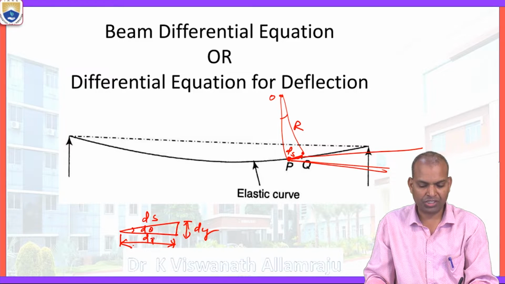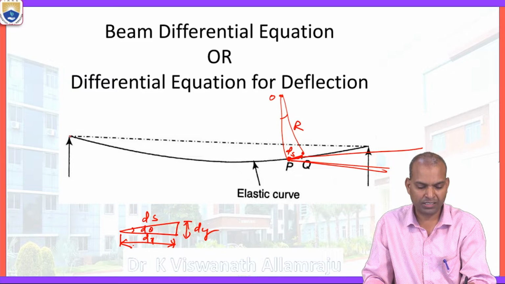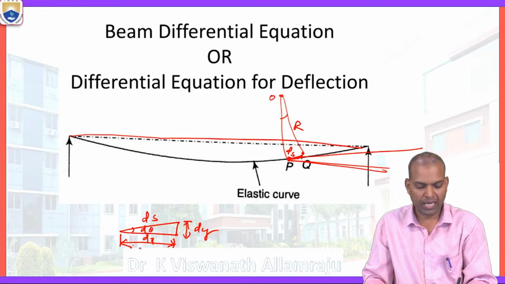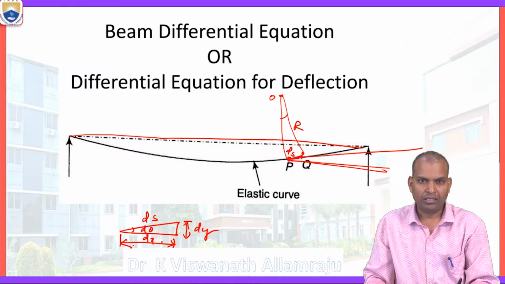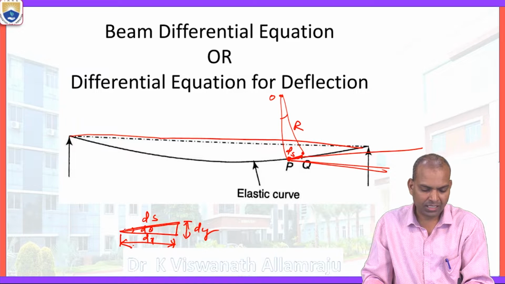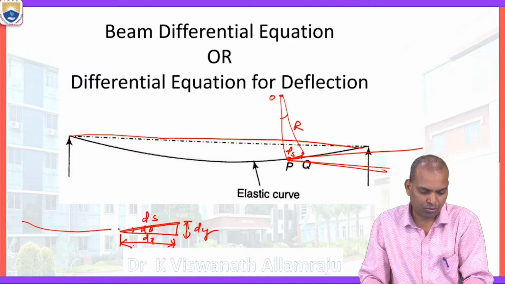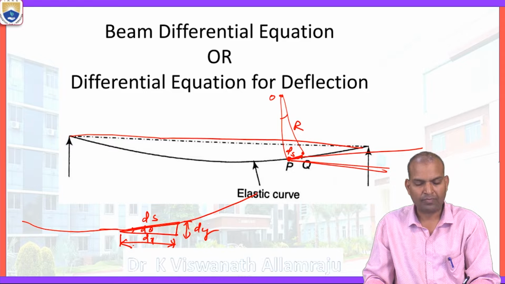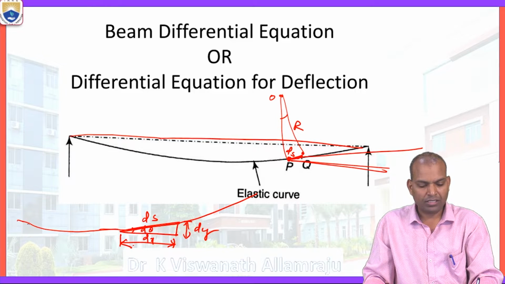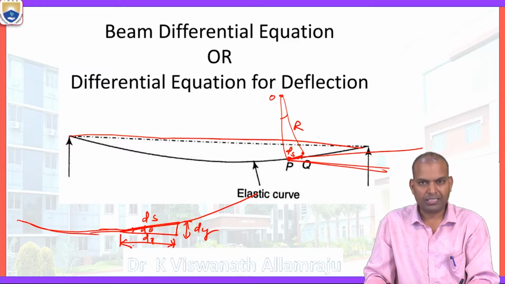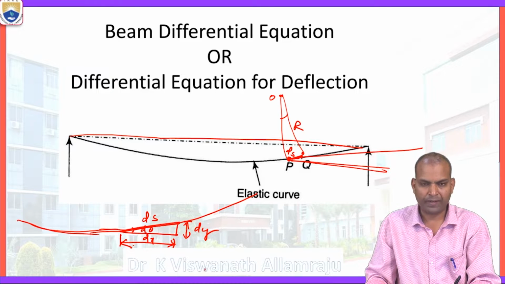Dx is the horizontal distance, which represents the elemental span of the beam. Now this is the elastic curve. The elastic curve length is ds, and for a span of dx, the deflection is dy.